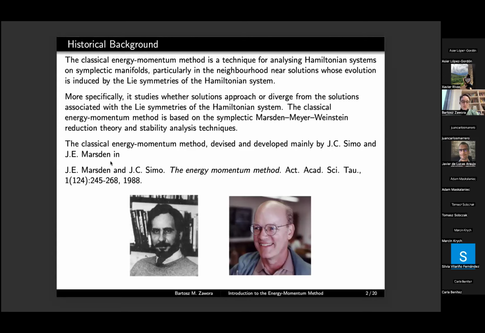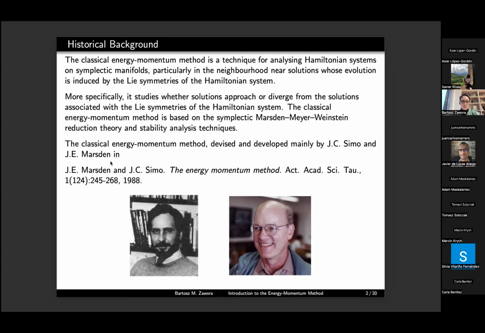The energy momentum method utilizes the Marsden-Meyer-Weinstein reduction, which means that we will deal with particular equilibrium points, the so-called relative equilibrium points, that are not necessarily the critical points of the initial Hamiltonian, but are critical points of the reduced Hamiltonian. But I will talk about it in detail later.